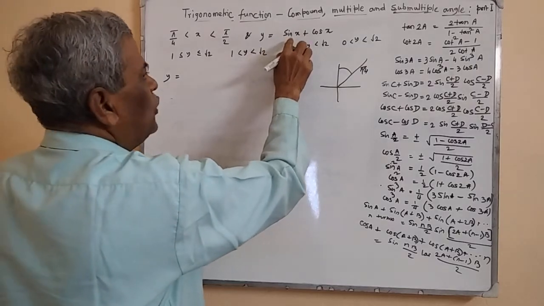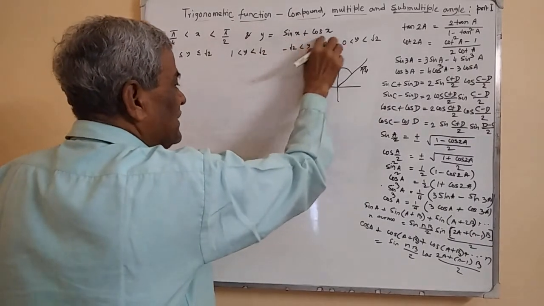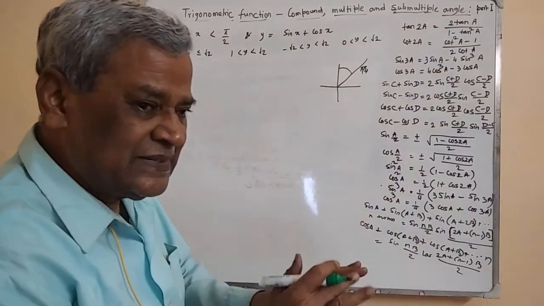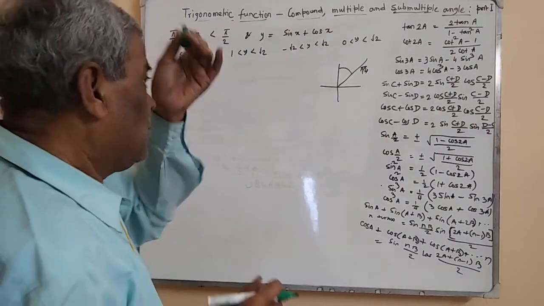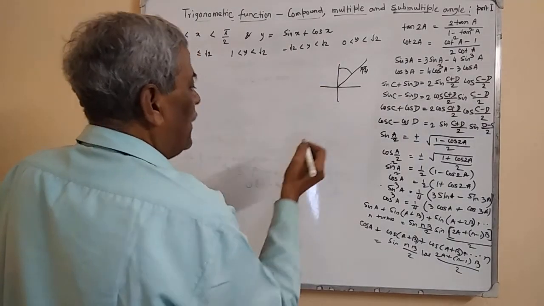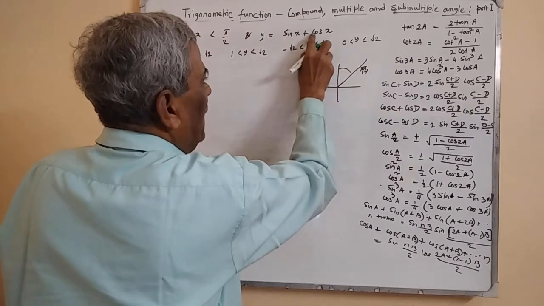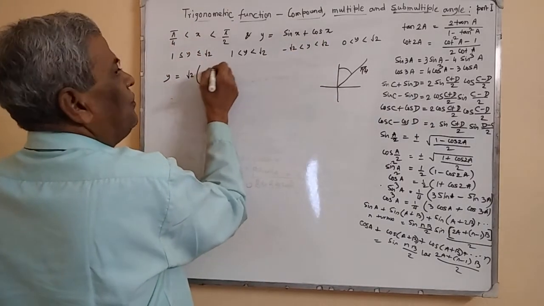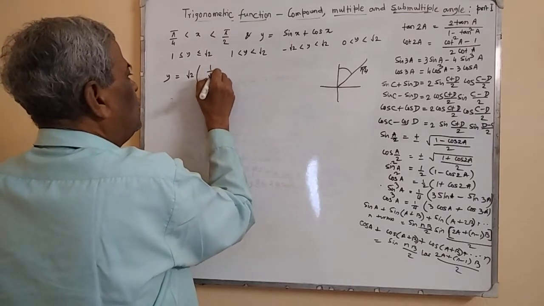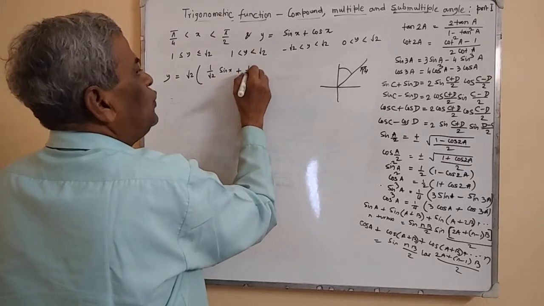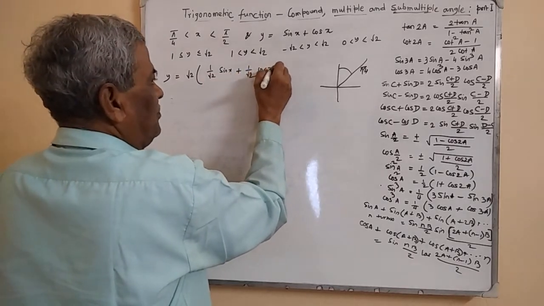to make sin x plus cos x, that linear combination, into a single function, either sin x or cos x, we have to divide and multiply by root of 1 square plus 1 square, that is root 2. So this is root 2 into (1 by root 2 sin x plus 1 by root 2 cos x).